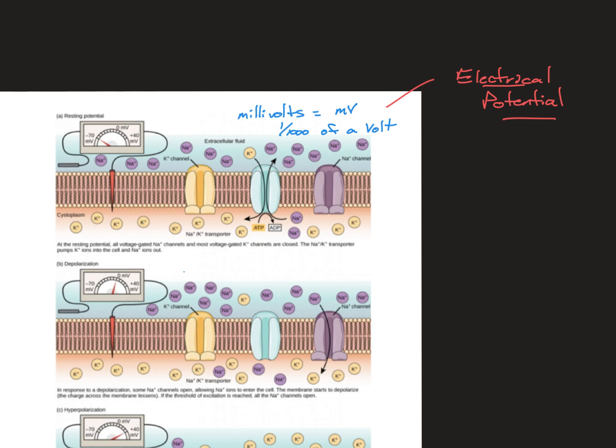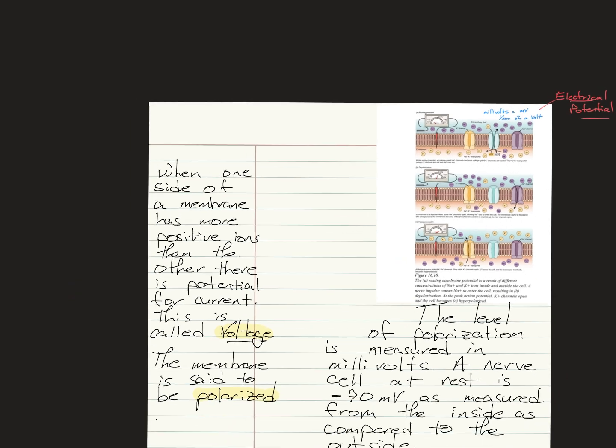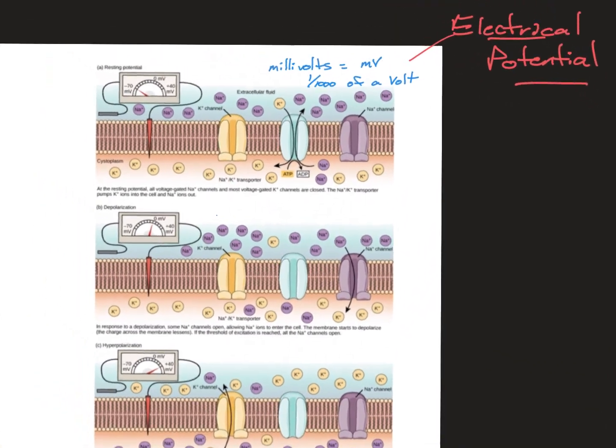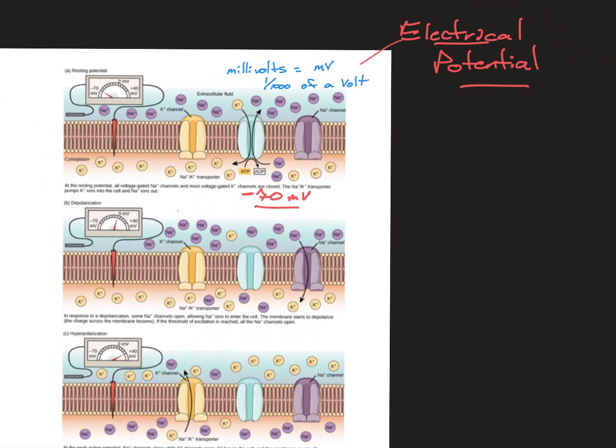It's usually electrons through a wire like that, but through a regular battery, there you have it. We can actually stick an electrode in, and what's interesting is that the inside of a cell is negative 70 millivolts, which means, if you think about the definition of millivolts, that this side is 70 times more negative than the outside.